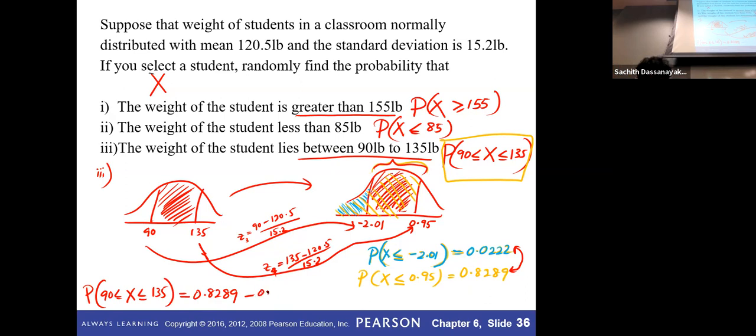So 0.8289 minus 0.0222 gives 0.8067, which means this area, that's the area you need.